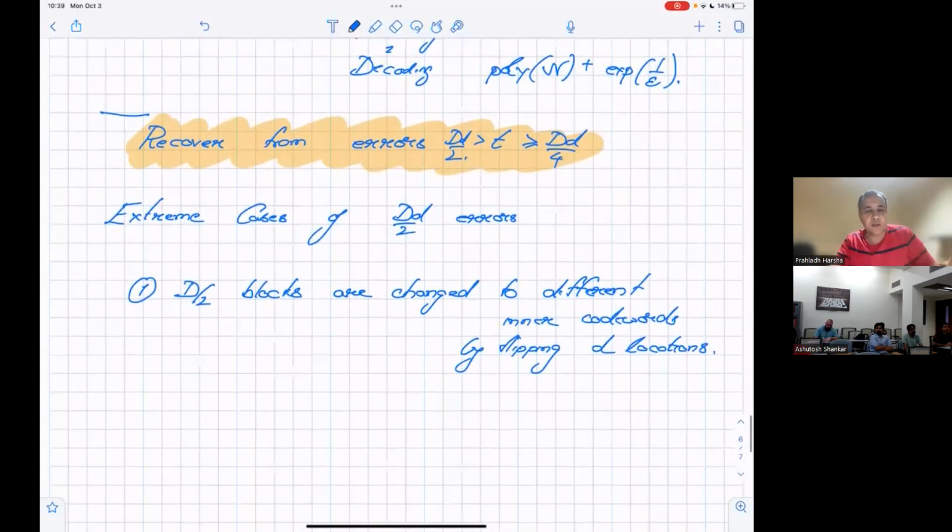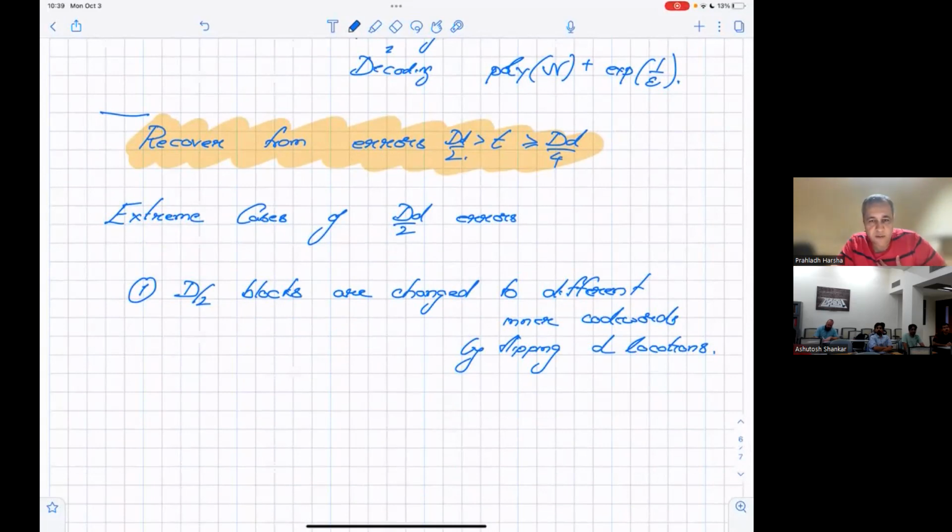So this is one sort of error. The errors are very chunky and concentrated. Whenever a block is corrupted, it flips that inner block in small d locations, not small d by 2, but small d errors. But because you're allowed only capital D d by 2 errors, at most capital D by 2 blocks are flipped.